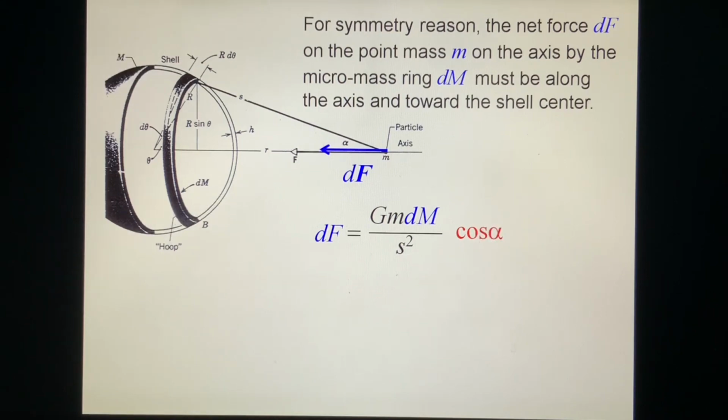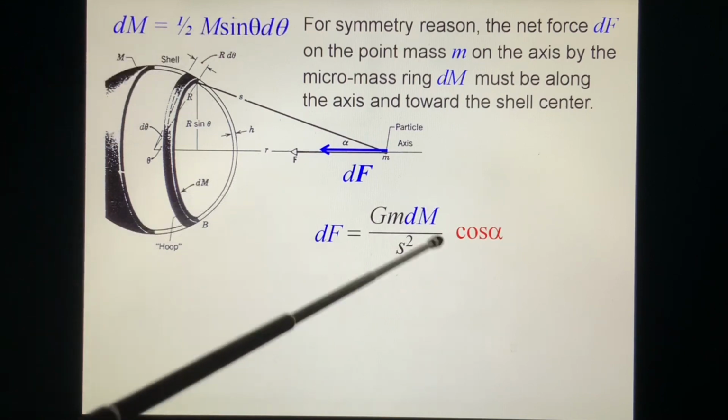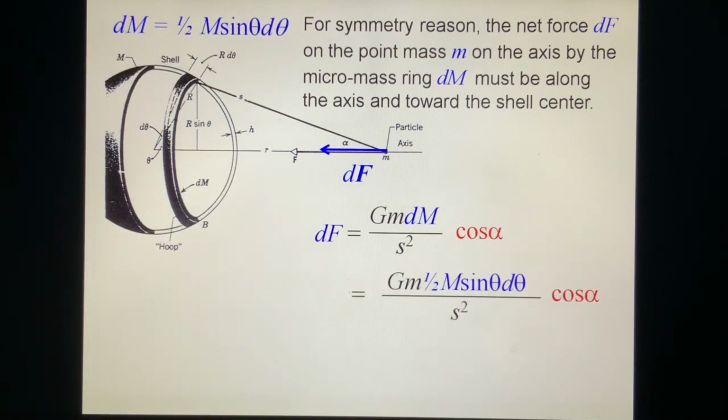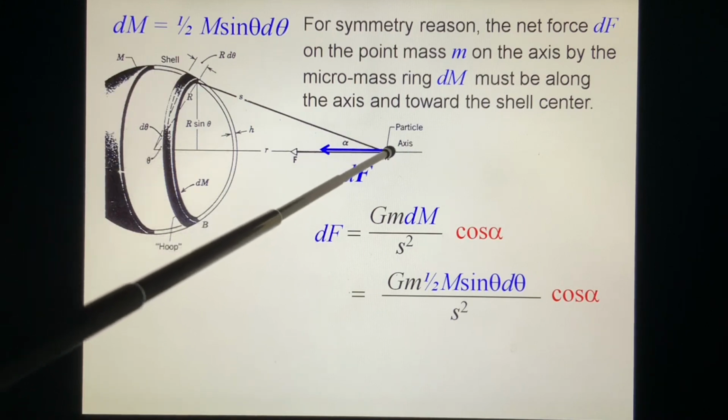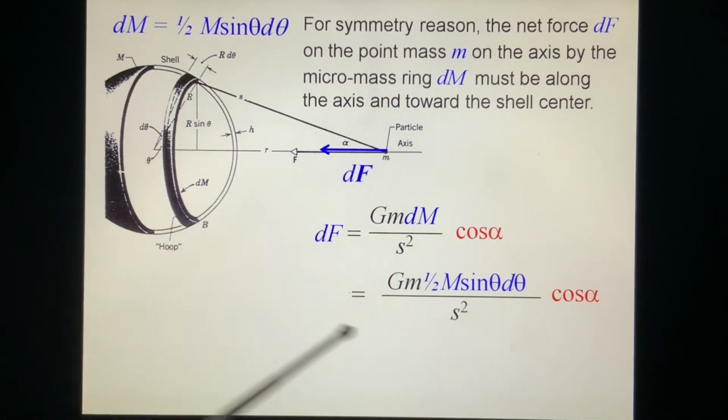And dm is half M sinθ dθ for this ring, so we put this inside. This ring is located at angle theta, and the gravitation force acting on this m is dF.